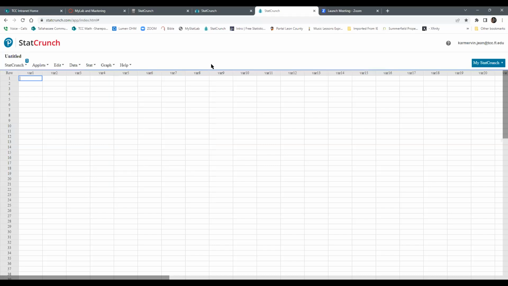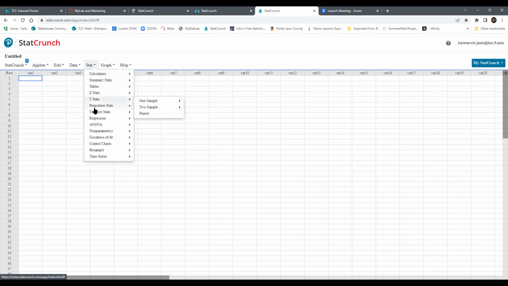The first thing I'm going to do is go to Stat right here. Then I'm going to go to Proportions because we're working on proportions. Right here, Proportions, and I'm going to say One sample. Let's see, the one with summary because I want everything together.